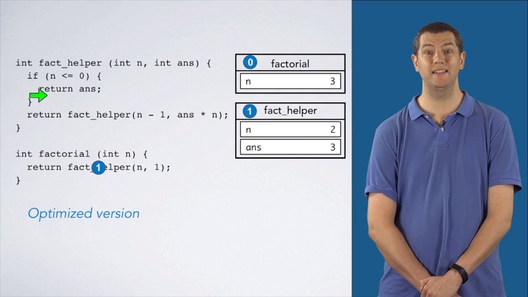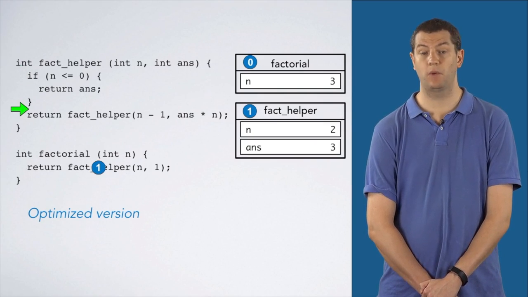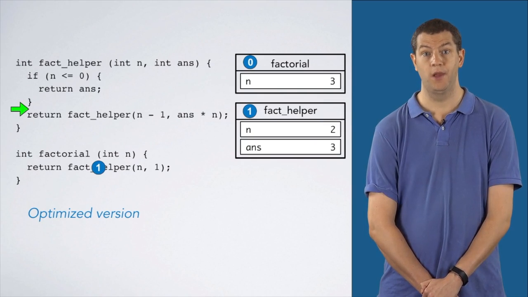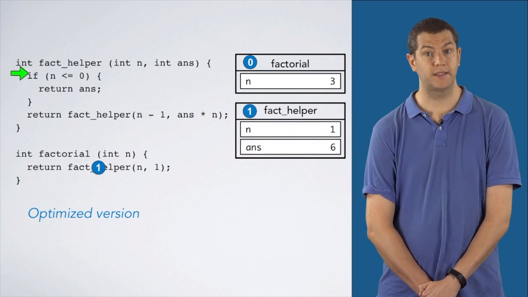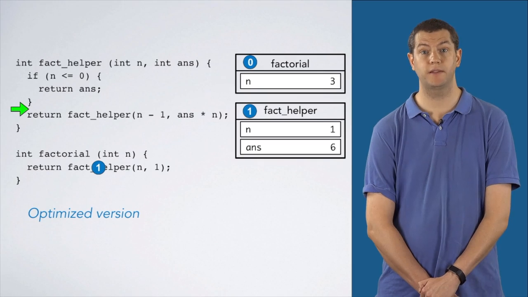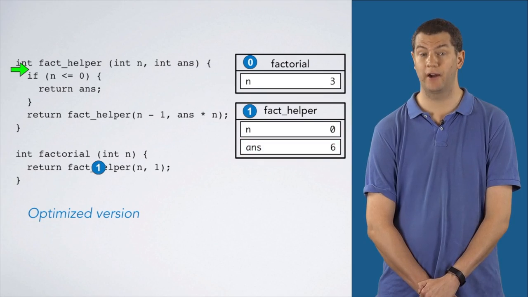Now we jump back inside of factHelper, past the base case, and once again we're about to place a recursive call. But instead, the compiler will make the code update the values of in and answer to the new arguments 1 and 6. We skip the base case and reuse the stack frame one more time, this time with in having the value of 0 and answer having the value of 6.